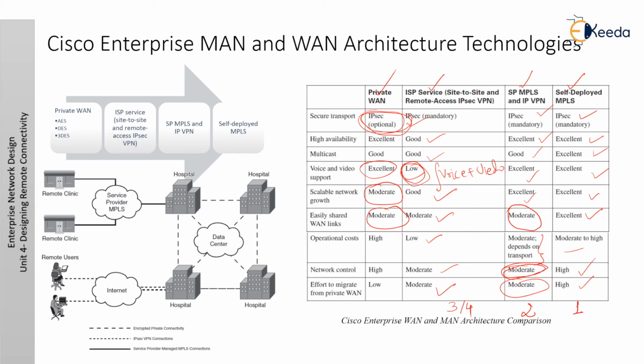And effort to migrate from private WAN, because it is private WAN, is low. So this may be third choice, and this is the last choice because if we choose voice plus video, fine. So let us discuss each and every topic in detail.